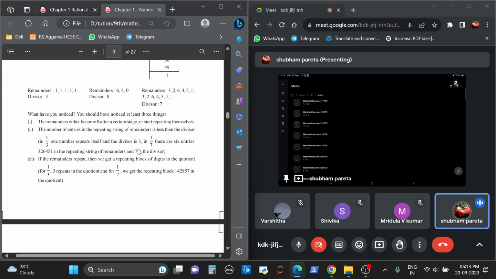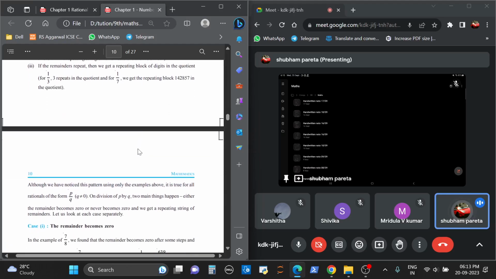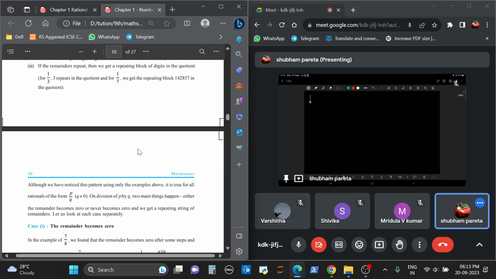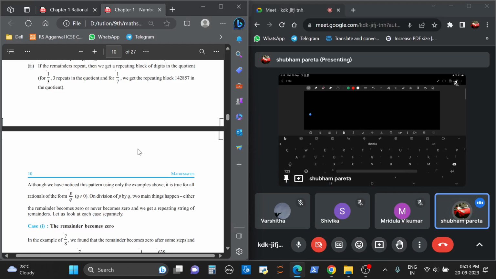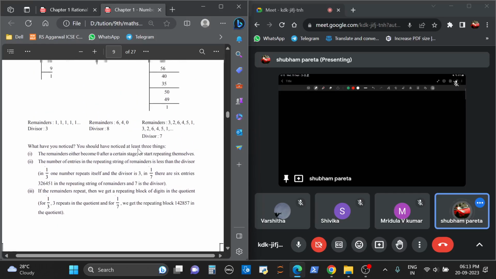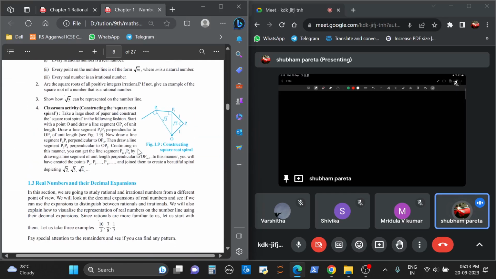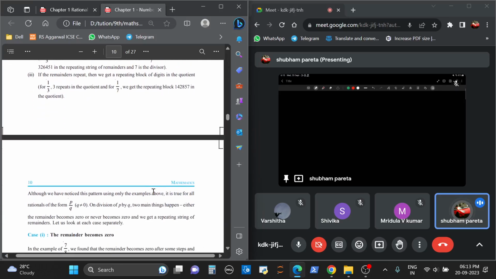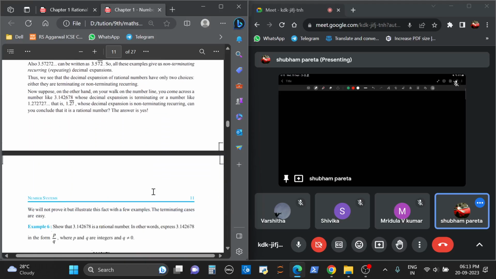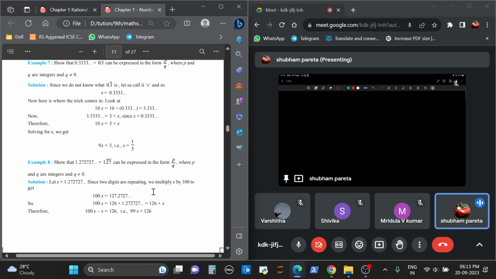First of all we'll revise such things and then we will start. First of all you have to convert the irrational number into the rational number. I mean, sorry, express the following in the form of p upon q.